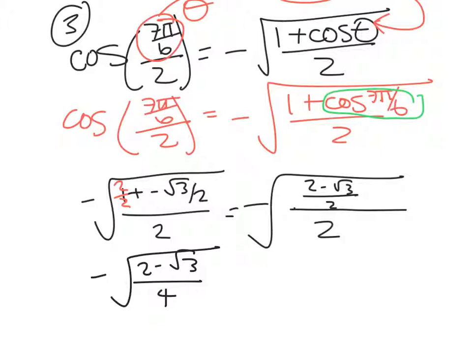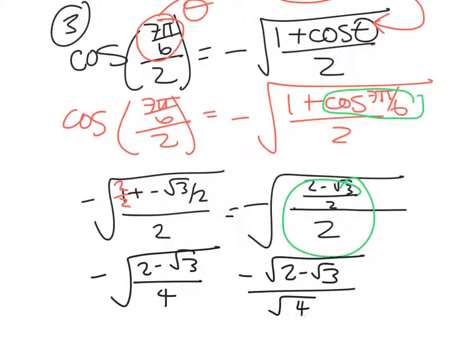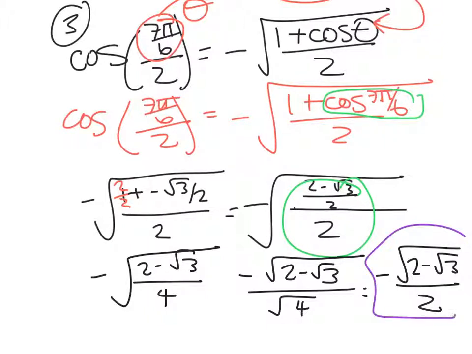Copy, dot, flip this, you get over 4. Split it up into 2. And that gives me negative square root of 2 minus square root of 3, over 2. And that is my final answer.